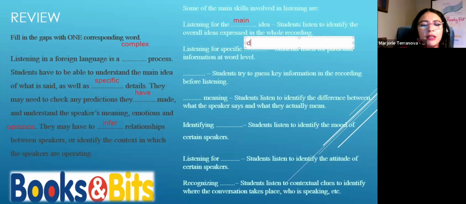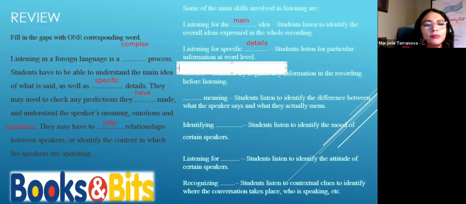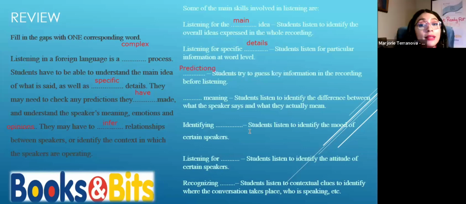These are specific details. When students try to guess key information, they try to guess because they want to anticipate. What is the name of that technique? Prediction. Very good.